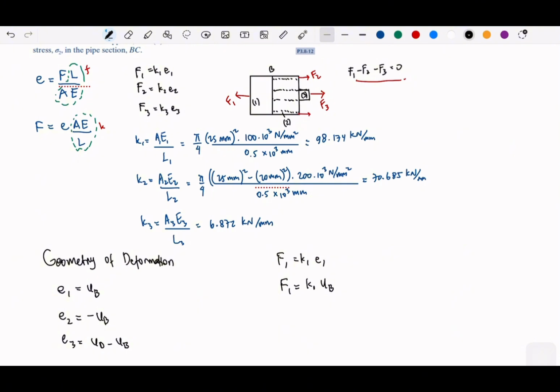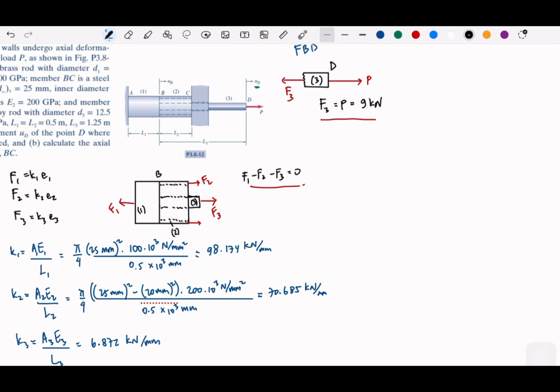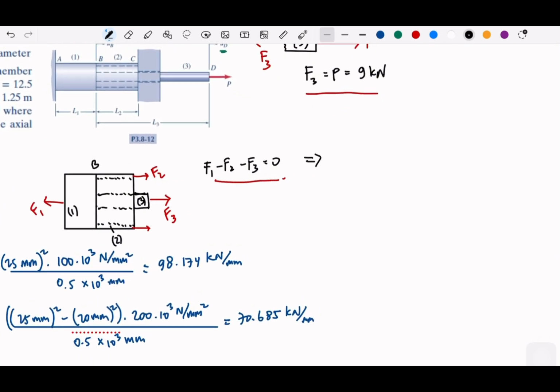And let me rewrite this as F1 minus F2 equal F3, or F1 minus F2 equal 9.